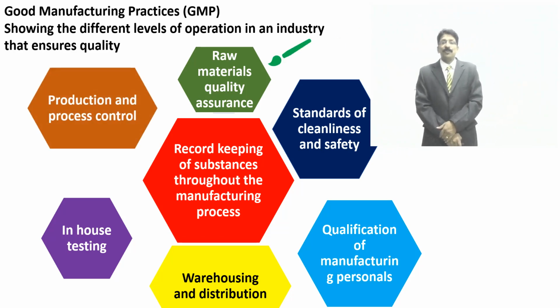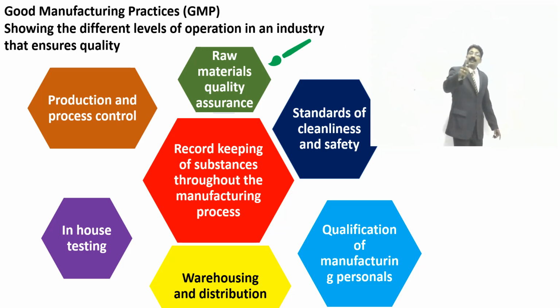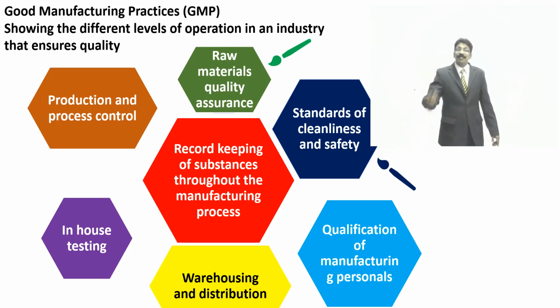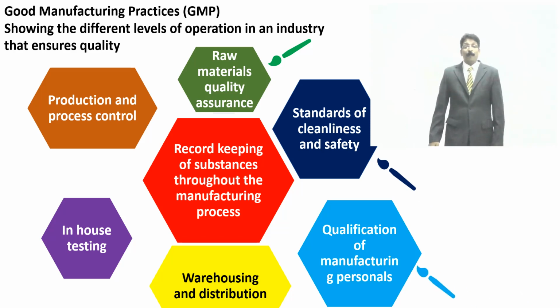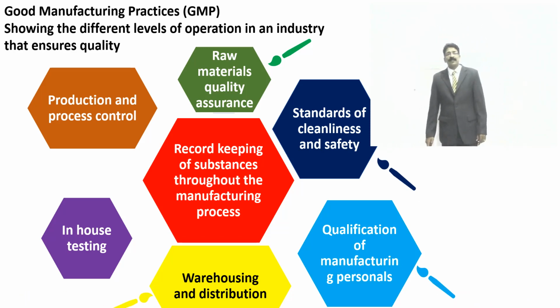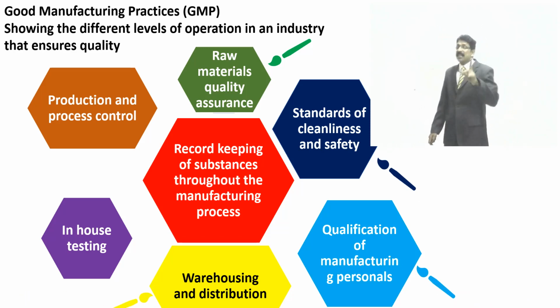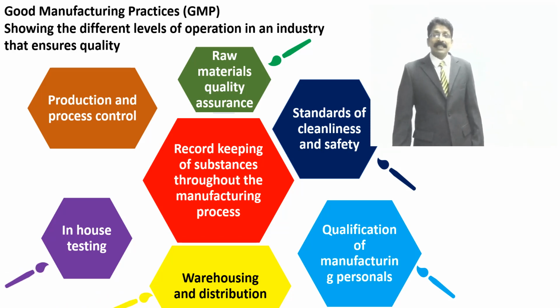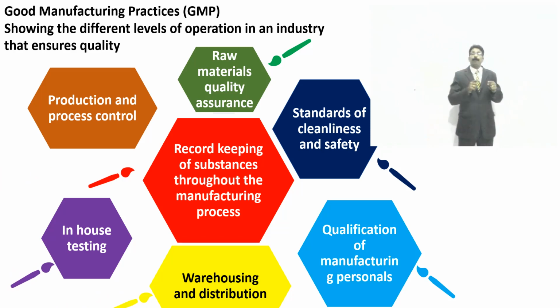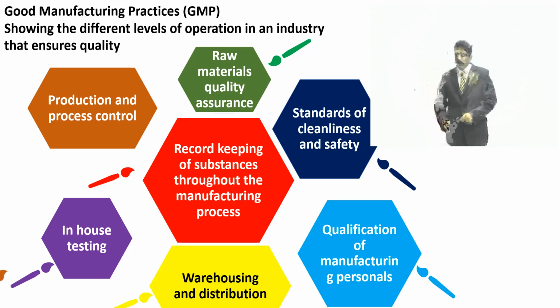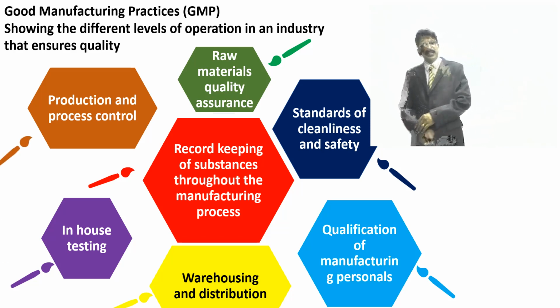Again I am repeating, just see the arrow: raw materials quality assurance, standards of cleanliness and safety, qualification of manufacturing personnel, warehousing and distribution, maintenance, in-house testing, record keeping of the substances throughout the manufacturing process, production and process control.